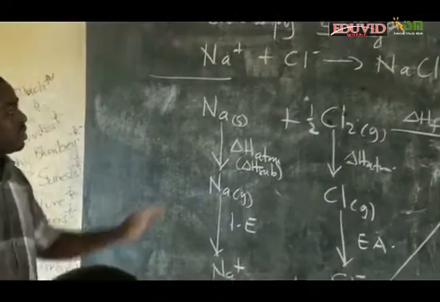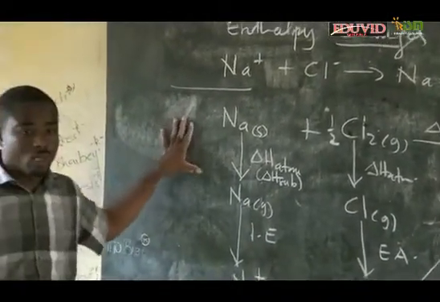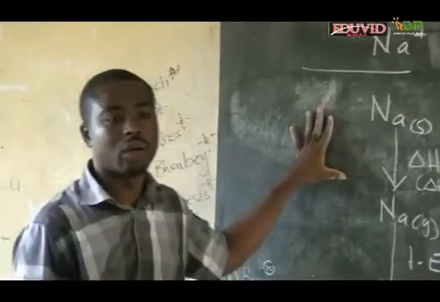So this is a simple illustration of what we call the Born-Haber cycle, of the energy change that takes place to form an ionic compound.